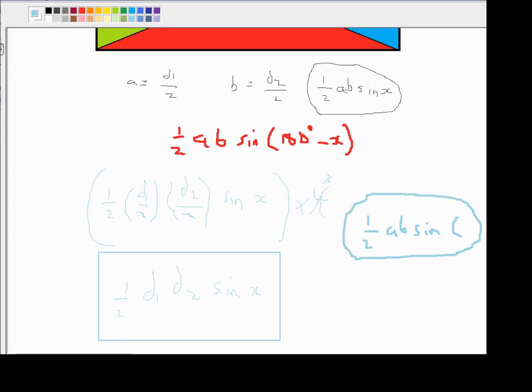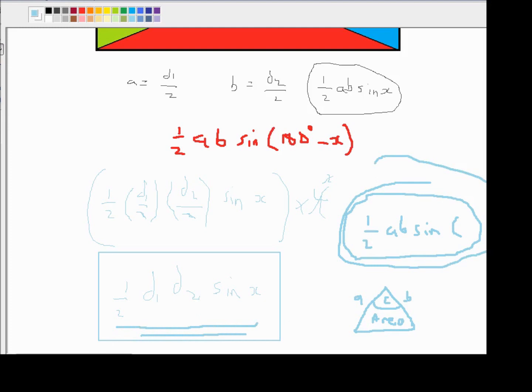This is for a triangle where you're given two lengths, length A and length B, and C is the angle between the two lengths. Given those conditions, a half a b sine C will give you the area of the triangle. That is the one you definitely need to remember for your exam. The other one is optional, but you can very quickly derive it from this one.